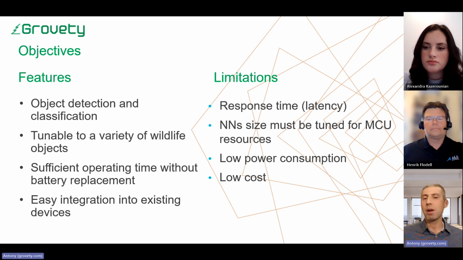Plus we had limitations about the latency, of course, about the size of neural networks and power consumption, about the cost, because usually people don't want to pay a lot for that. They just want to get the feature which will allow them to proceed, but not overpay for it.